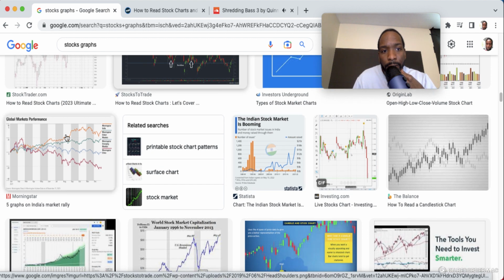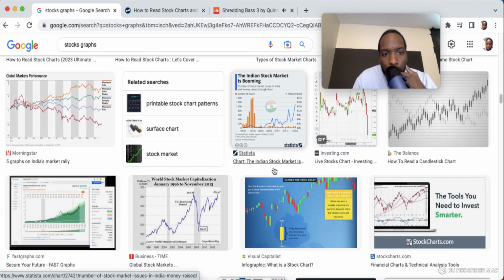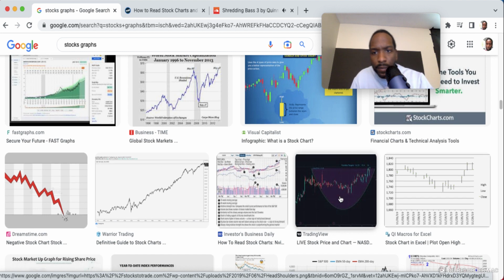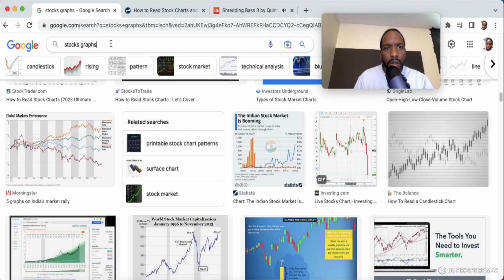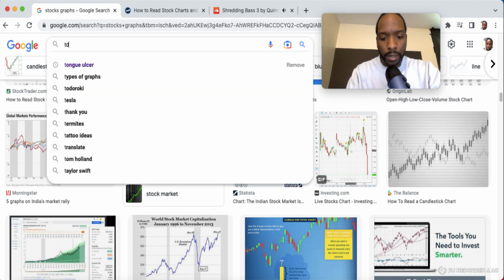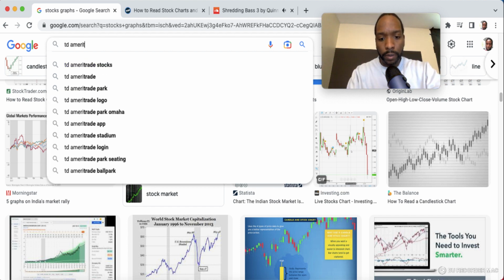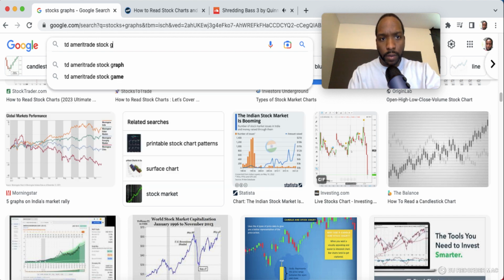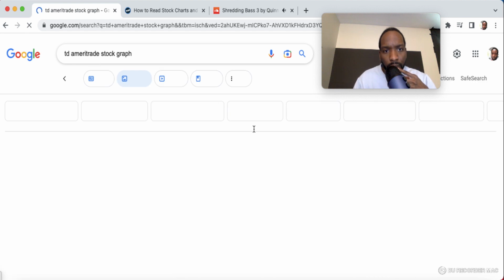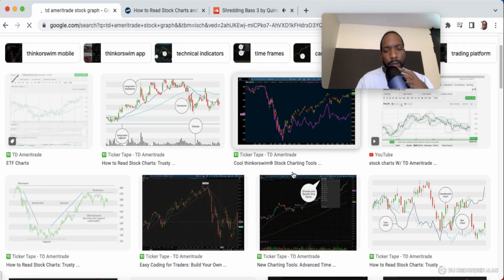Let's see. Yeah, you wouldn't want to use anything that looks like that. This is decent. Let's see here. I want to see TD Ameritrade stock graphs, because I like reading their graphs.